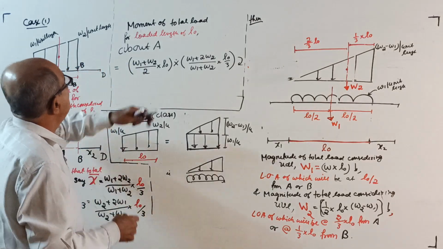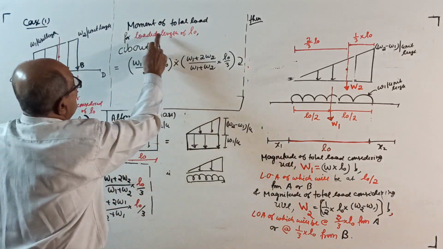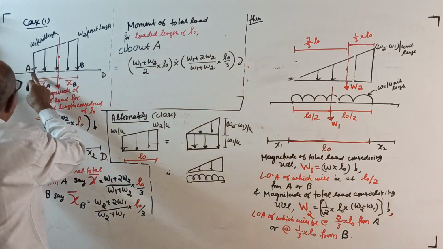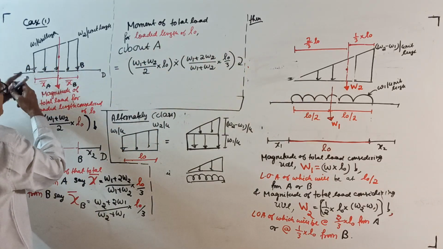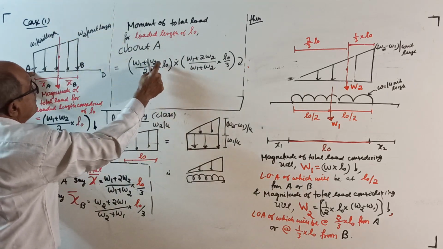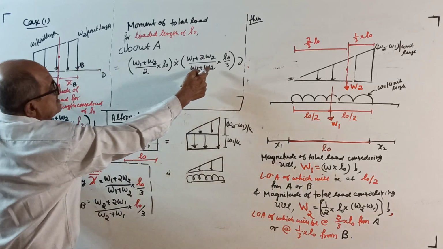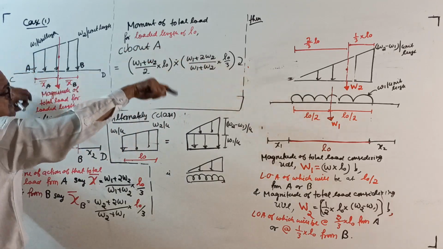Right. Now, moment of the total load, whatever you got for a loaded length of L0, about A is the total load, I have written here, W1 plus W2 by 2 into L0, total load into this distance. Just now I explained that, clockwise.